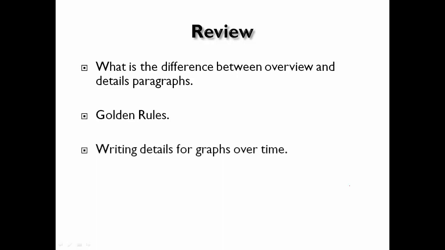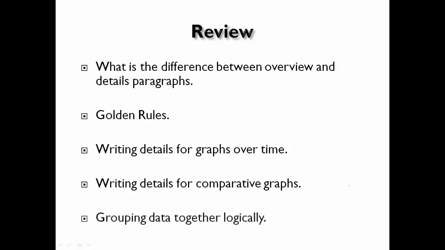The key to writing details paragraphs for graphs over time is to break up the lines into smaller pieces and describe them. We looked at writing details for comparative graphs. And the key there is to think about the purpose. What are they comparing? And then you can describe it in more detail. And we looked at grouping together data logically for three different types of graphs.